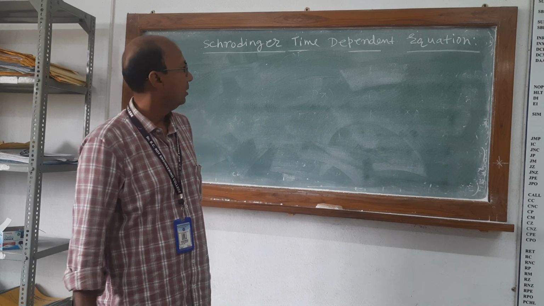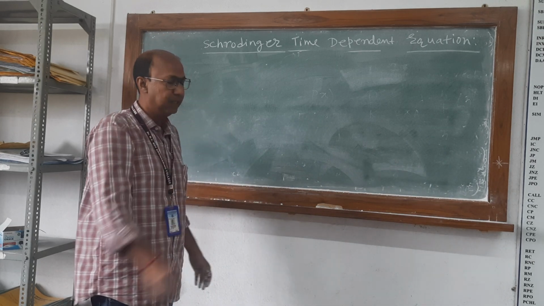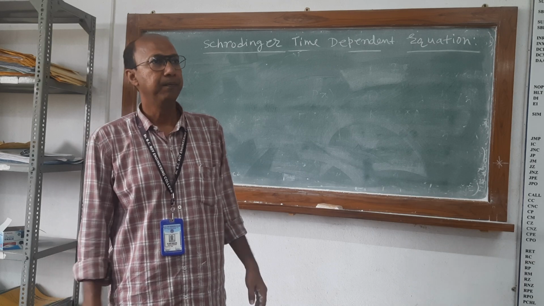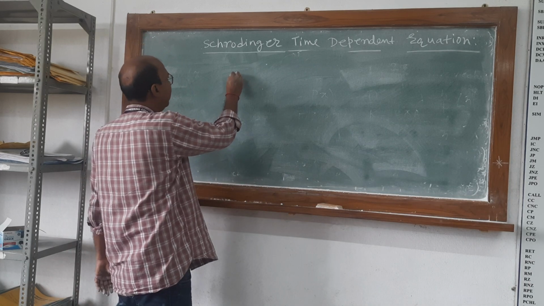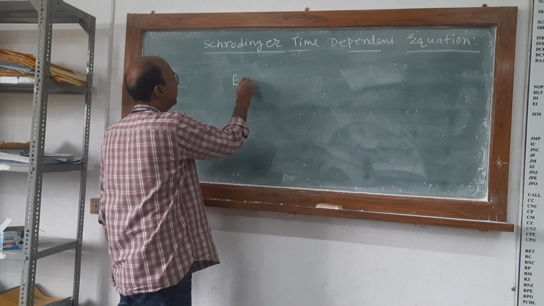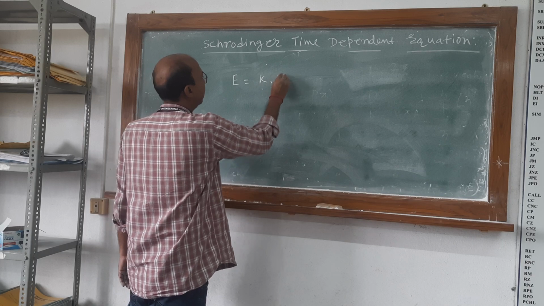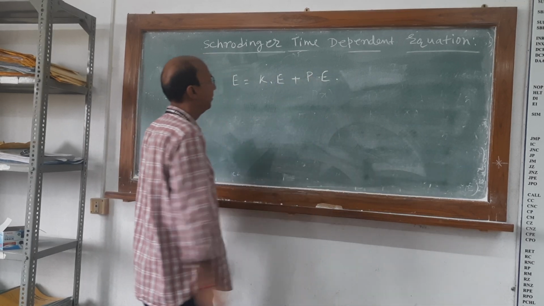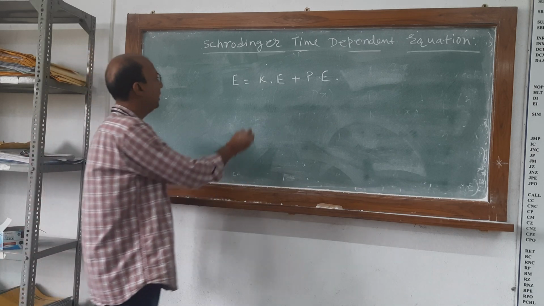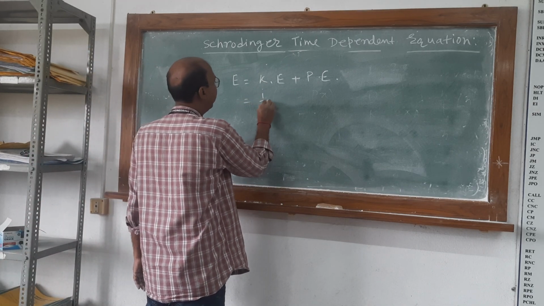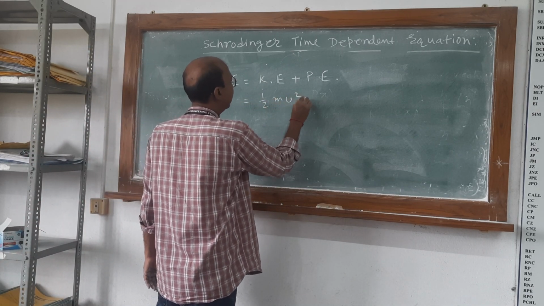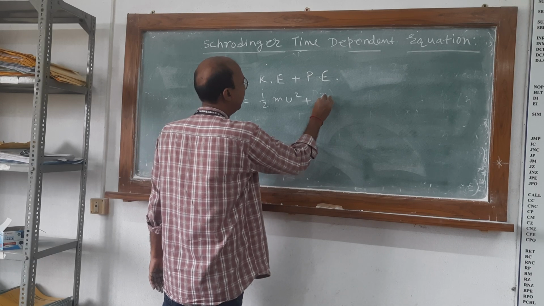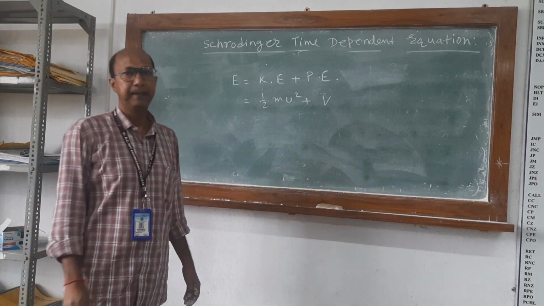So in wave theory, the total energy of the particle E equals kinetic energy plus potential energy. Kinetic energy is half mv squared and potential energy, suppose, is V. Clear?